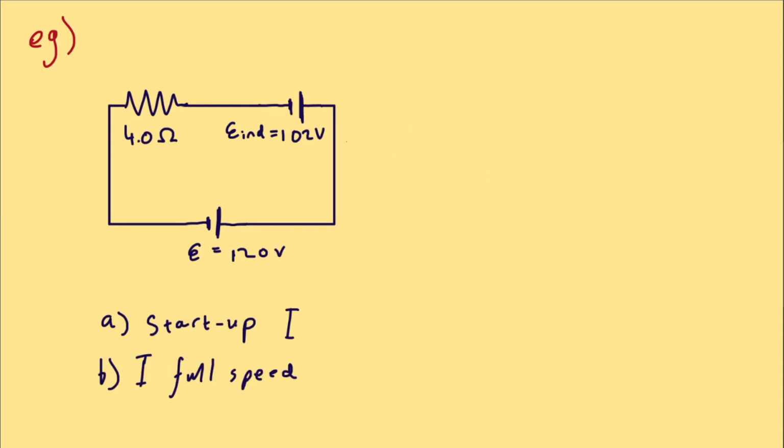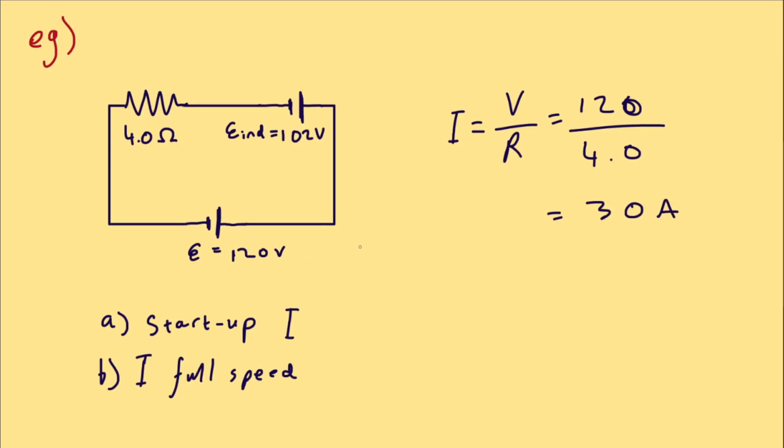The startup current means there's no back EMF yet, so we can simply use Ohm's law, which is voltage over resistance. The voltage is coming in as 120 and the resistance is 4, giving us 30 amps as the startup current. How about when it's moving at full speed? When it's moving at full speed, we have to include the back EMF that occurs.